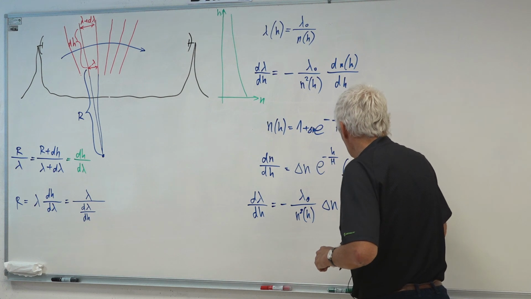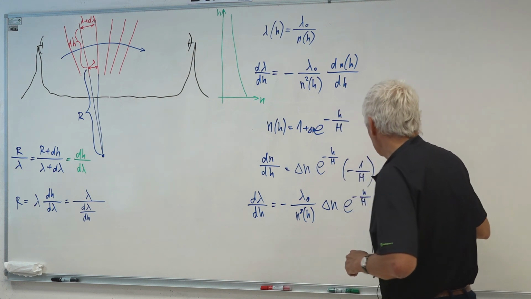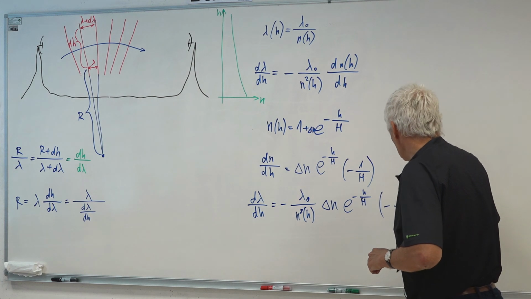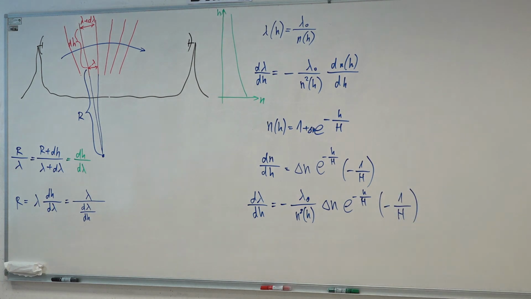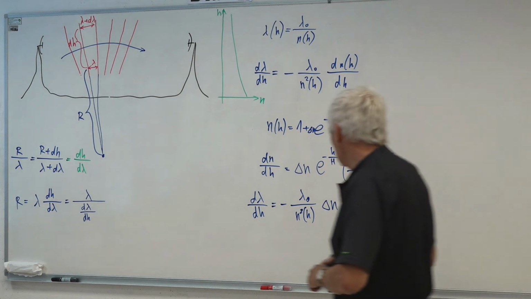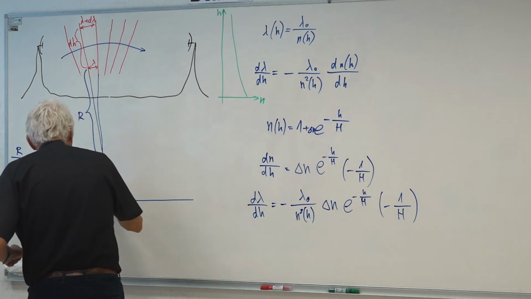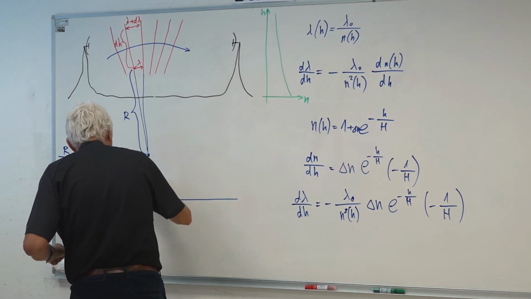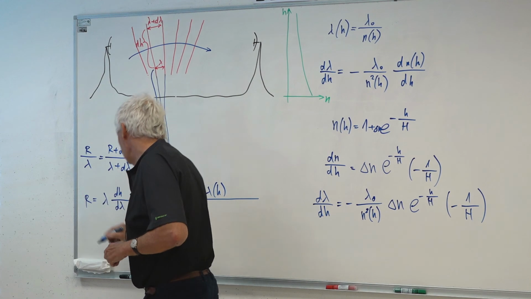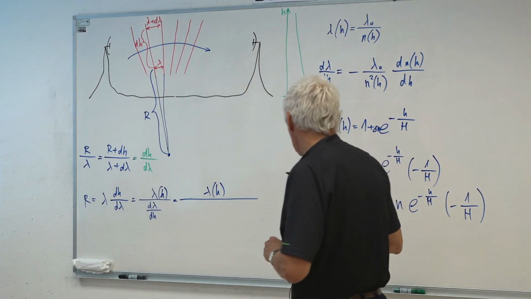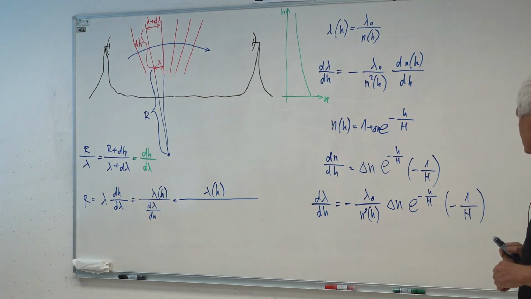I have e to the minus h over capital H times minus 1 over this capital H here. Let's try to rewrite now all this in this equation here. This lambda is of course a function of h. Lambda of h. Also here I could write it lambda of h. You know that lambda changes with frequency. And in the denominator, minus sign and minus sign cancels out.